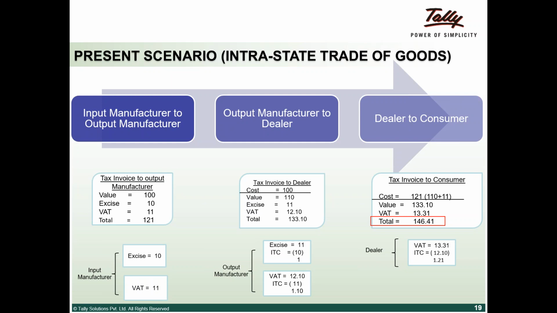So the total value of the invoice raised to the output manufacturer is 121. The breakup of the taxation is that the input manufacturer collects excise duty and VAT from the output manufacturer and pays them to the government: excise duty of 10 and VAT of 11.